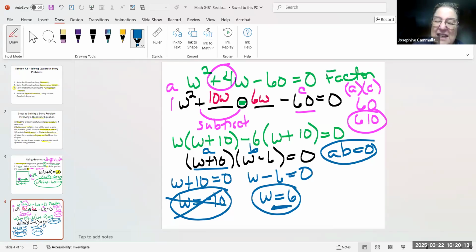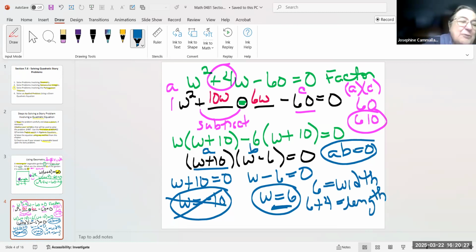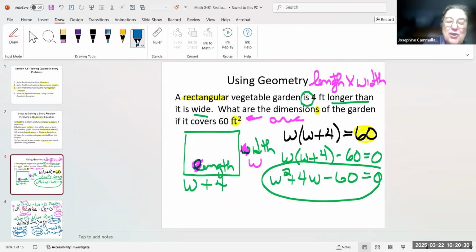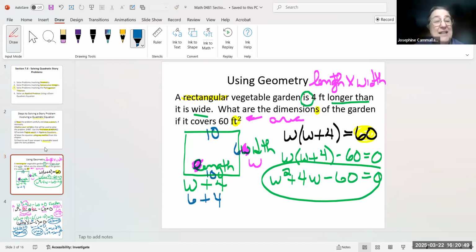So this 6 is my width, and 6 plus 4 is my length. Because if we go back to my picture, 6 plus 4 makes this length 10. Geometry, lovely stuff.